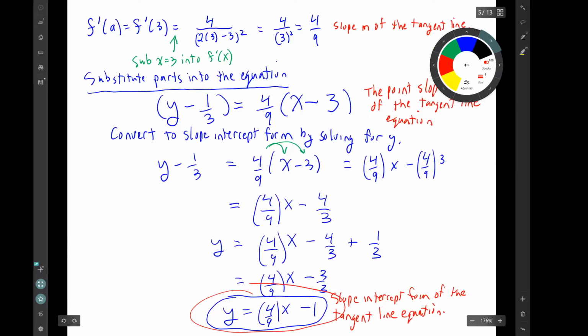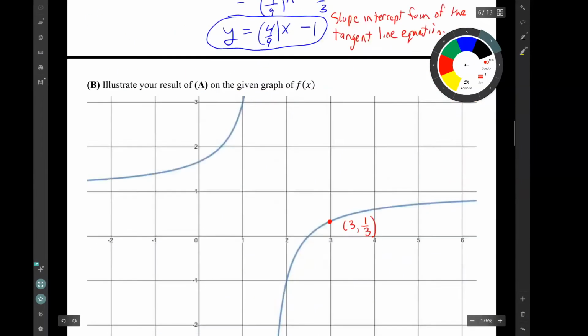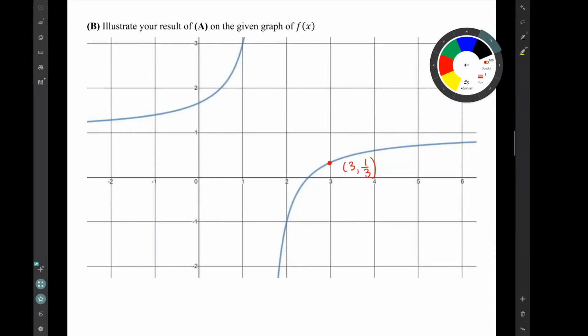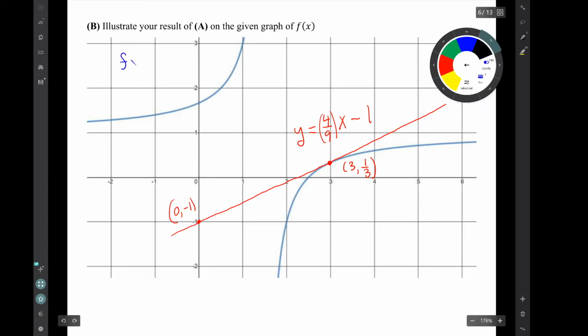That equation told us that the y-intercept for the tangent line is at y equals -1. So we know that our tangent line is going to have to go through this point over here. So we just need to draw a line that goes through those two red points. And we should label that line with its equation. And we should put the equation for the function on this graph as well. That's the end of that example.